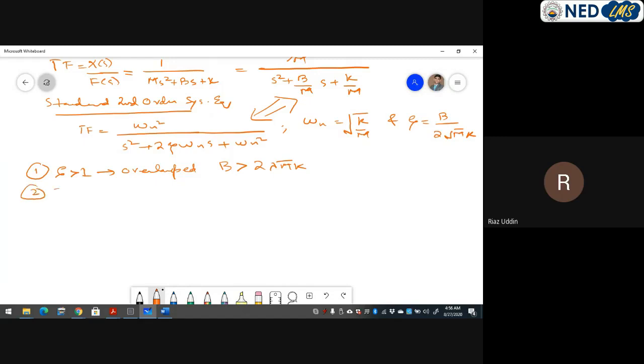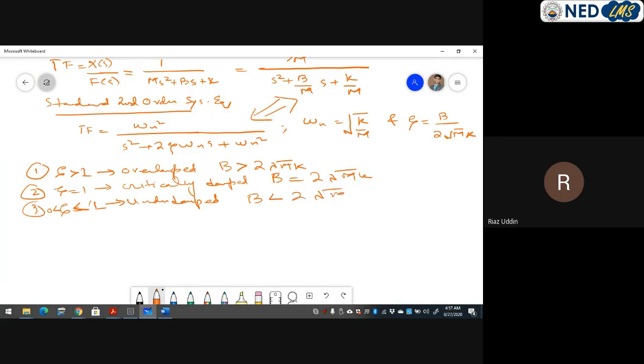For example, if you want to make ζ equal to 1, that is the case of critically damped, in that case b must be equal to 2 under root mk. If you want ζ less than 1 but not less than 0, the system response is underdamped, and then b must be less than 2 under root mk.